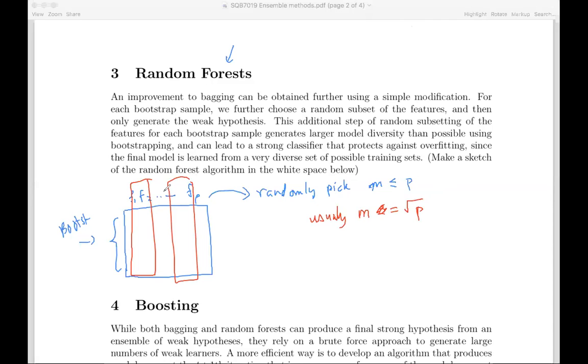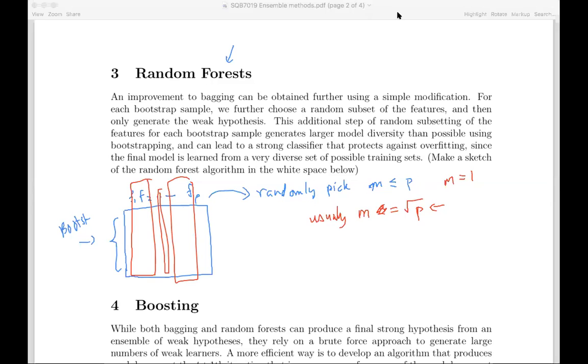In fact, in some extreme examples, they might actually take just one. So this is a parameter that you can set in your random forest program. So you randomly sample the columns.